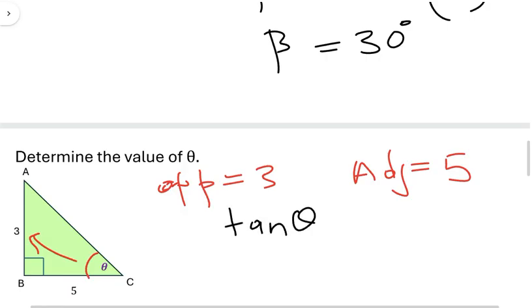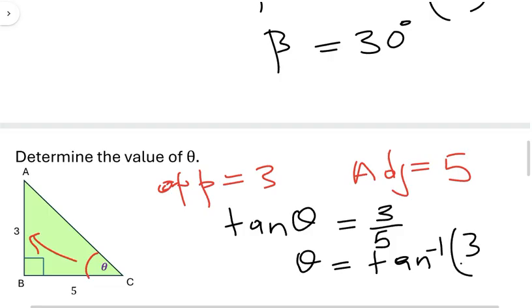So if you were to take tan and substitute theta, you are going to get the opposite of theta, which is 3, over the adjacent, which is 5, which means that tan theta is 3 over 5, so theta is tan inverse of 3 over 5, because I have to substitute the ratio. Let me quickly calculate that.